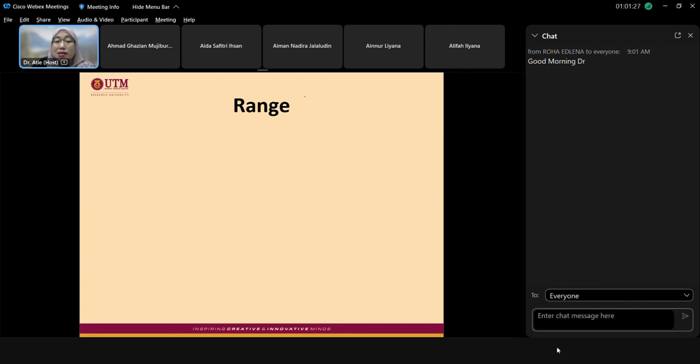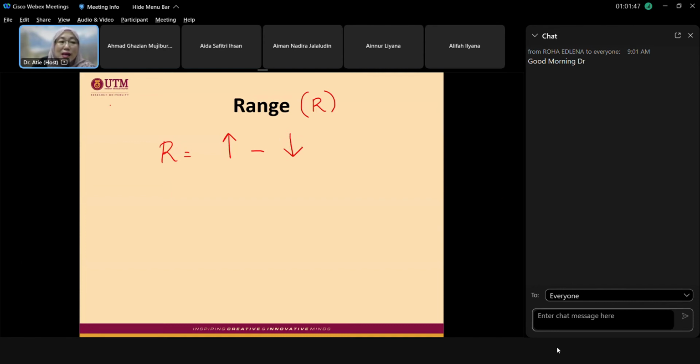Okay, the next one is the range, which we can also write as R. So what is R? R is the highest value in your data set minus the lowest value in your data set.